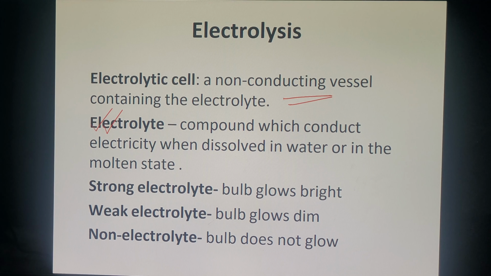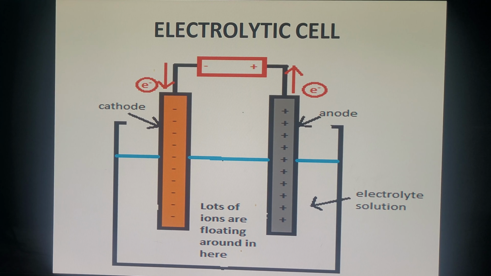Any substance, any compound on which I want to carry out the process of electrolysis will be called an electrolyte. For example, can you see here in this diagram the words electrolytic solution? Always remember, whenever we are doing electrolysis, there are only two states in which I can carry it out.